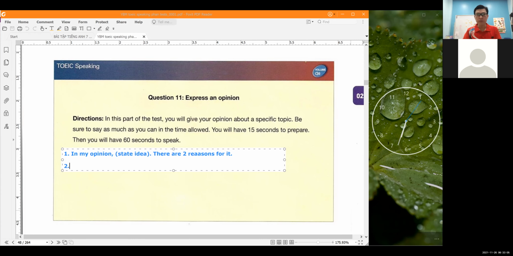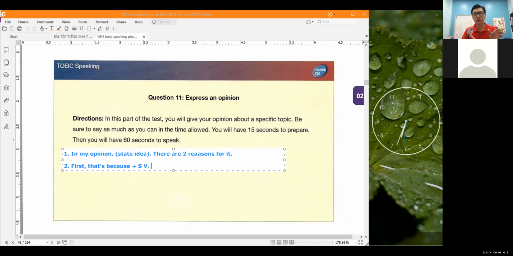Now, step 2. Remember, first, and you say that's because, and then use a clause. Get it? And how can you explain?